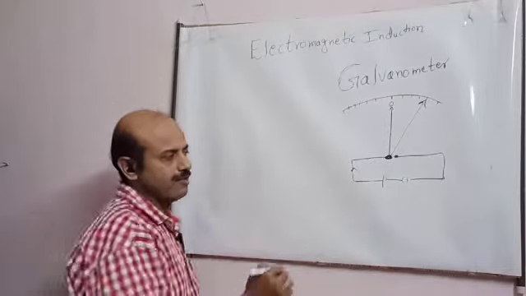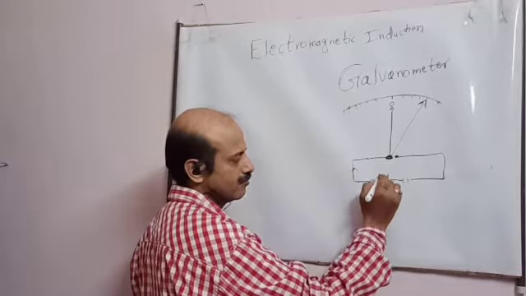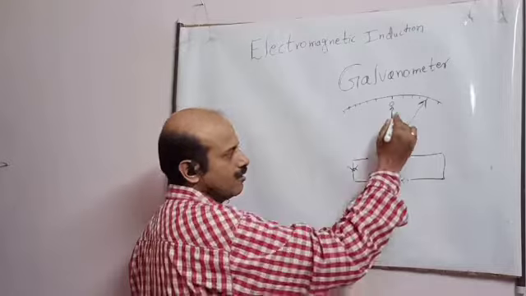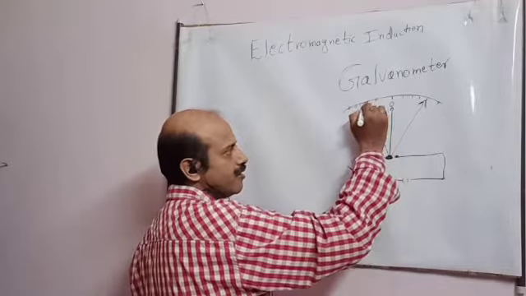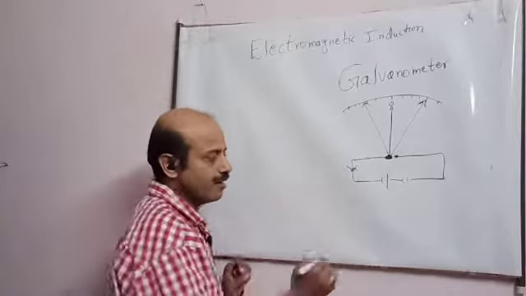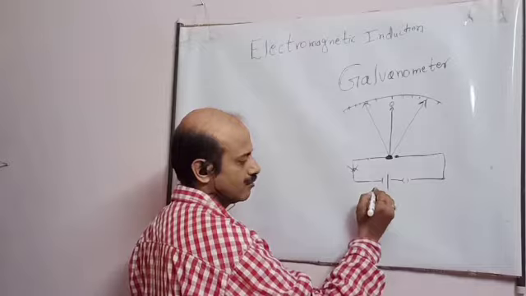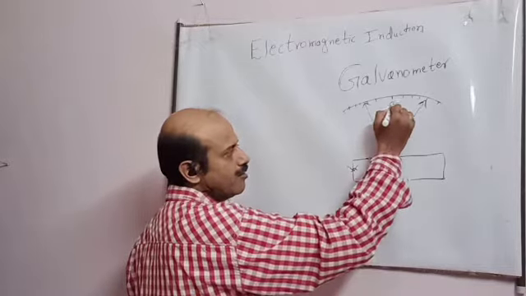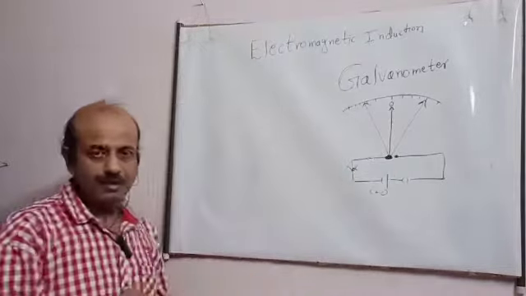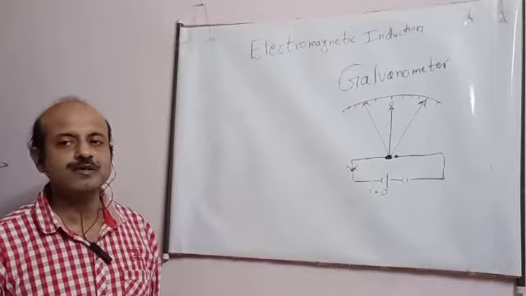If I reverse the current, it will show deflection in the opposite direction. But if I make the current zero, it will come back to its original position. This means when a galvanometer deflects, it shows the presence of current.